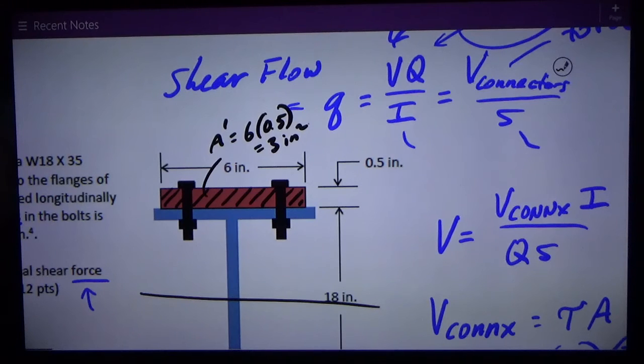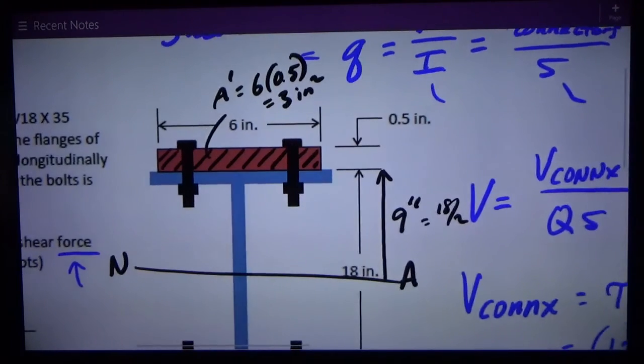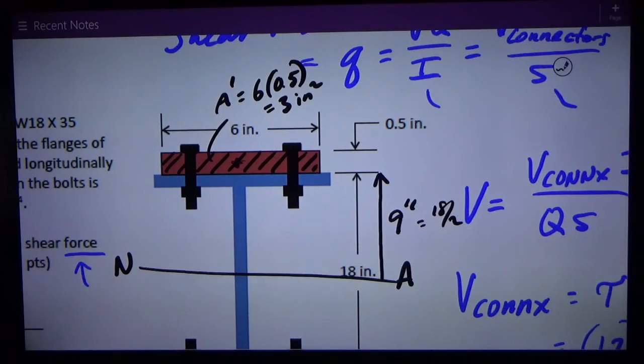Y bar prime is the distance from the neutral axis, which is right here in the center of this composite beam. It's symmetric, so it's 18 inches tall total. So the distance to the bottom side of that plate, or the top of the flange, is 9 inches, half of 18. Then the centroid of this plate is right there, 0.25 inches up from the bottom of the plate.